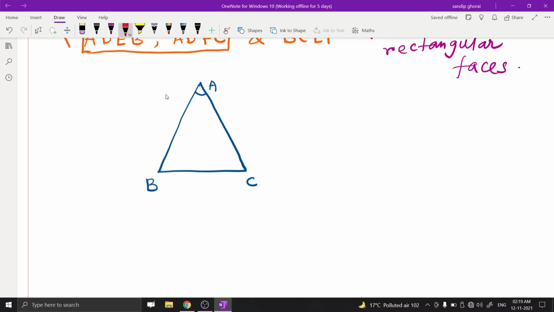Now in this case, a ray named XY is incident on surface AB. This ray is the incident ray XY. When this ray travels from air to glass, light enters from rarer to denser medium, and we already know the rules of refraction.